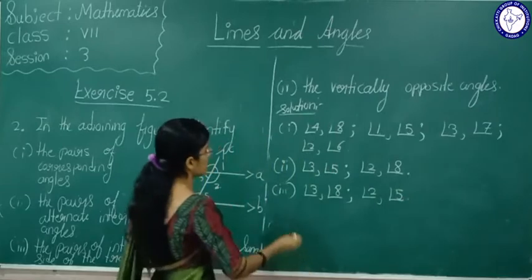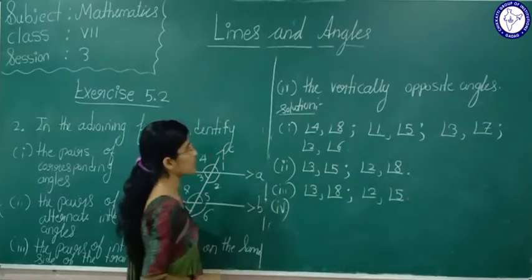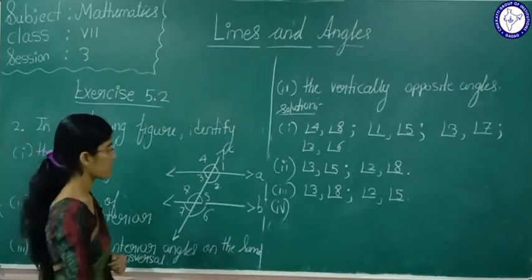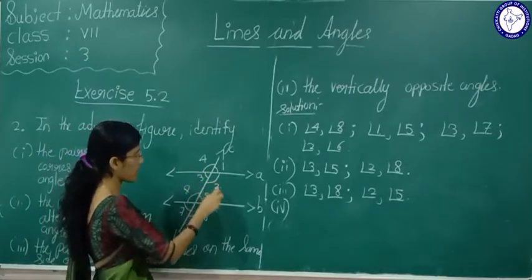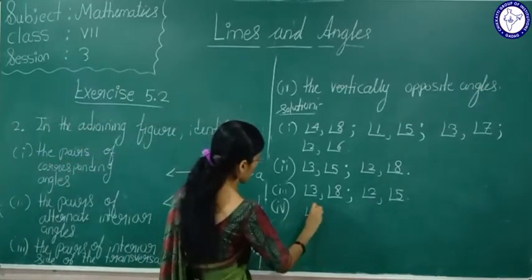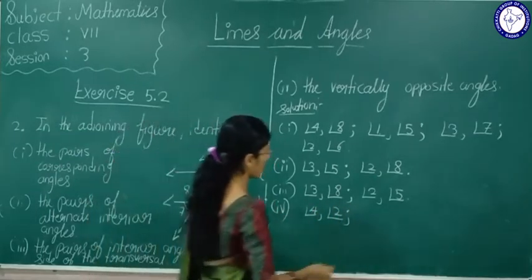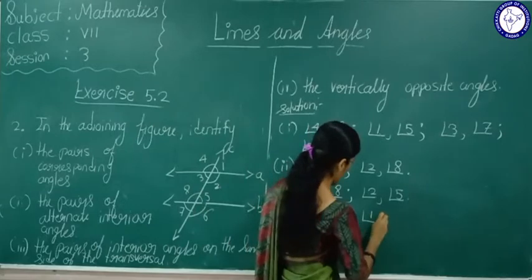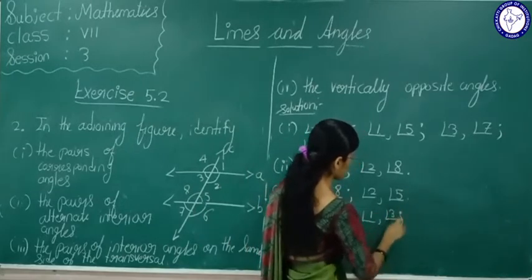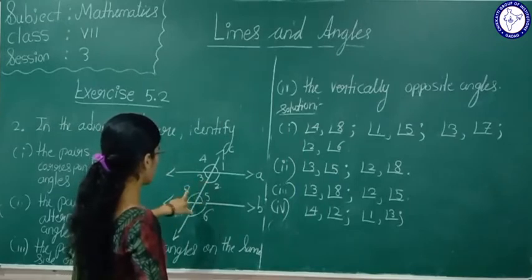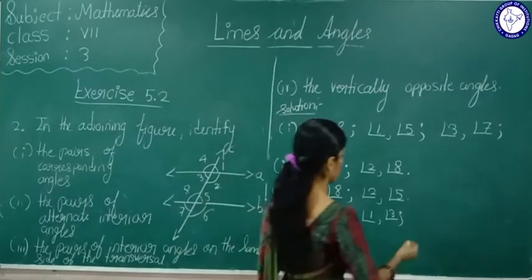Okay. Now the fourth one, the vertically opposite angles. Which are the vertically opposite angles? Angle 4, angle 2. Angle 1, angle 3. Then angle 8, angle 6.